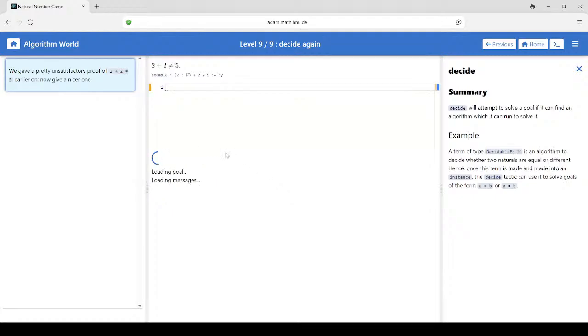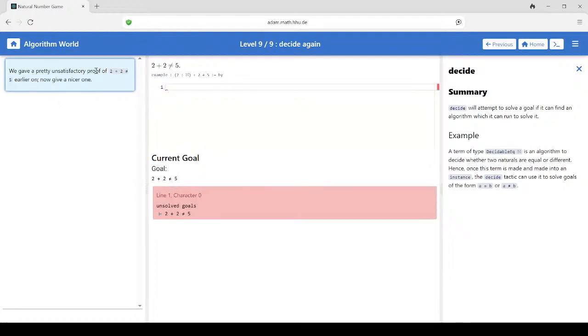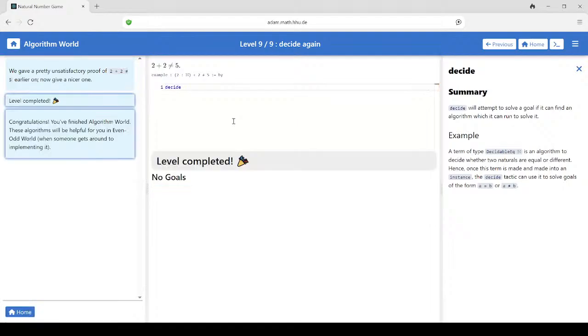Okay, number 9. We gave a pretty unsatisfactory proof of 2 plus 2 does not equal 5 earlier on. Now give it a nicer one. Are we just... That's it. That's our nicer proof.